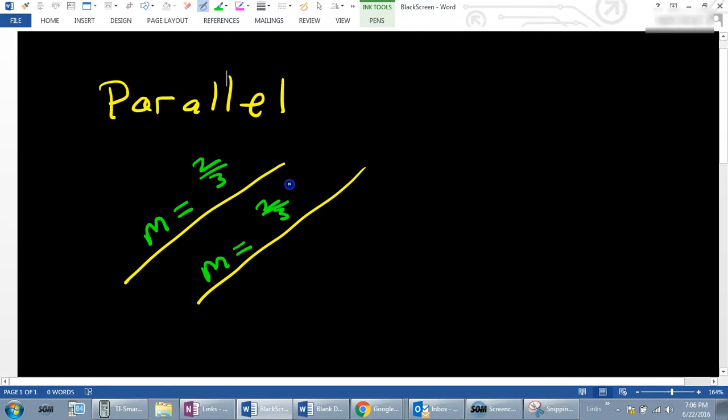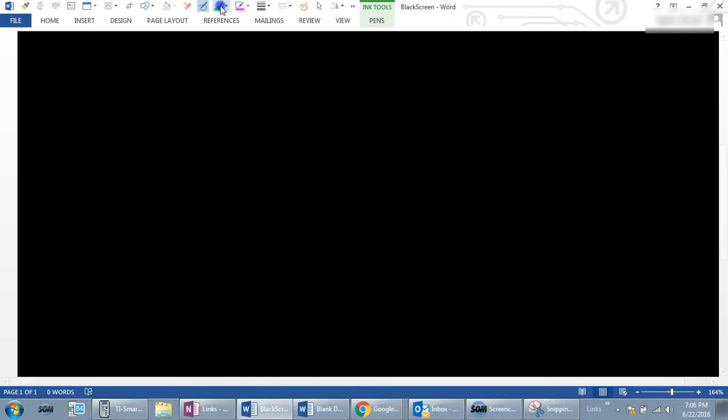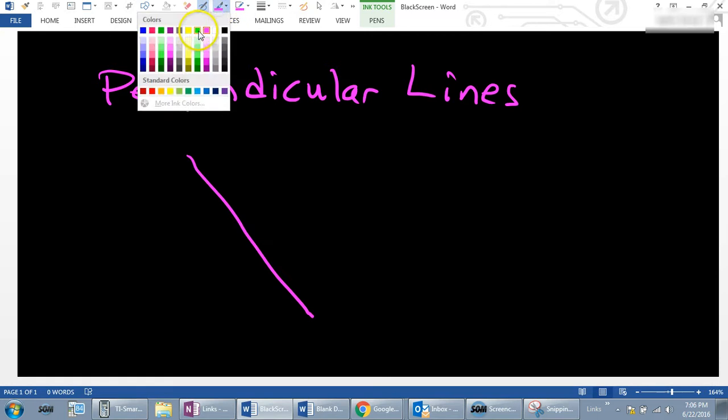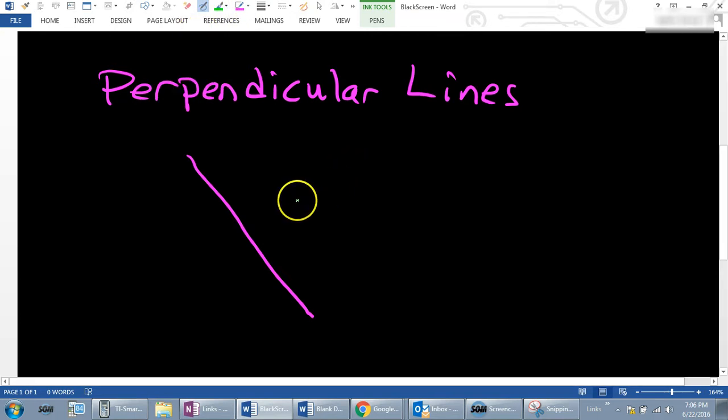Okay. Now, perpendicular lines. Alright, so first of all, you have to understand what the word perpendicular means. If you have two lines that are perpendicular, that means they meet at a 90-degree angle. Alright, so if these are perpendicular, that is 90 degrees.